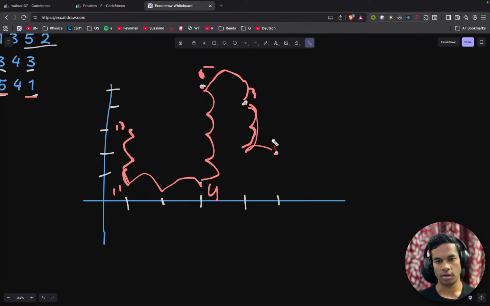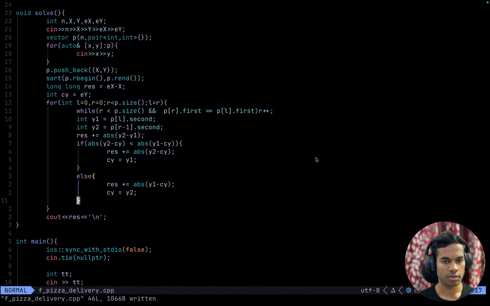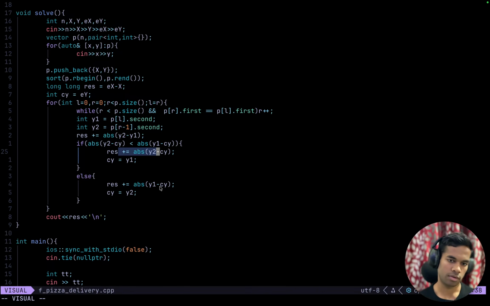We are here and then we move there and we add just this distance, which is 2, and from here we go to this point and we go down. We add both of these distances, this one and this one, up here and here.